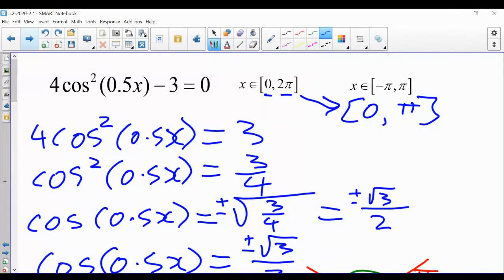We always, even though our answers will still be inside of the required domain, when we're searching for the quadrants for answers to come from, we always multiply by whatever this number is here in front of the x. In this case, it's a half. It's a half times 0, a half times 2 pi.